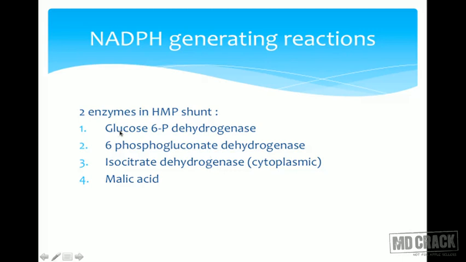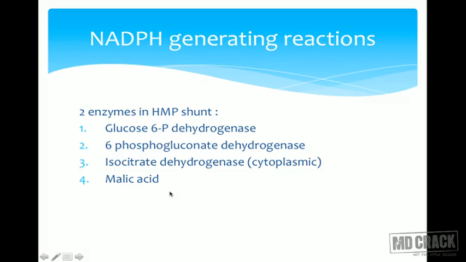So those are the two enzymes of the HMP shunt. Other than that, there is one more, isocitrate dehydrogenase. Isocitrate dehydrogenase and malic enzyme are all minor enzymes. The two major enzymes are glucose 6-phosphate dehydrogenase and 6-phosphogluconate dehydrogenase in the HMP shunt. These are the two important NADPH generating reactions. The others are minor, but they take a major role, especially during de novo synthesis.